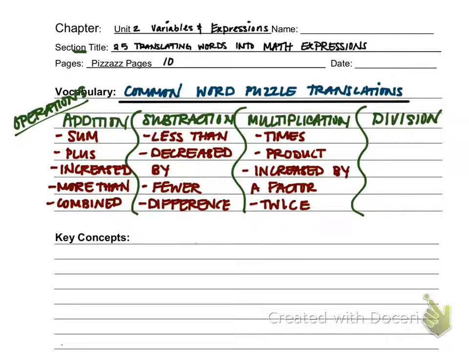Often we think of multiplication as making something bigger, and division would be making something smaller. So again, multiplication words that we're looking at are times, product, increased by a factor of, twice.